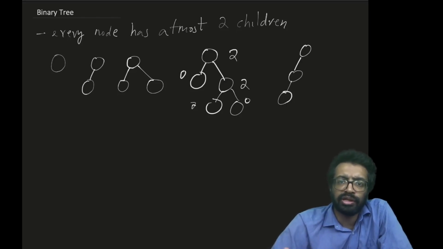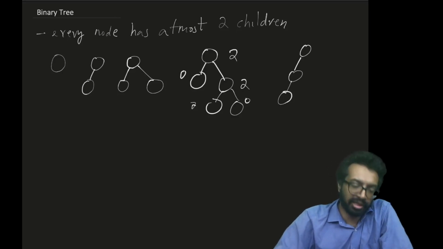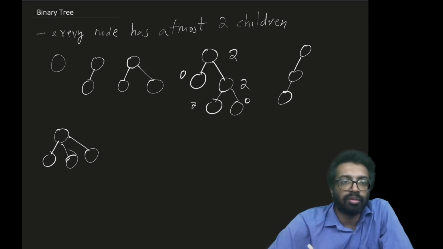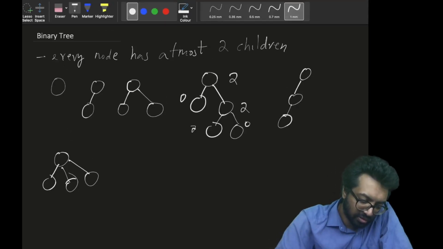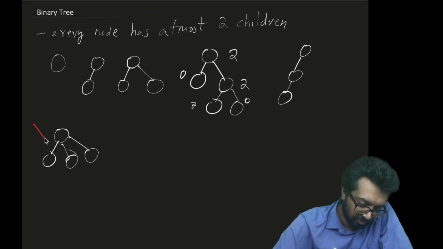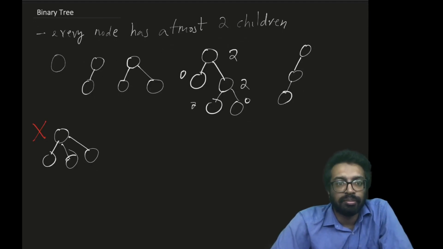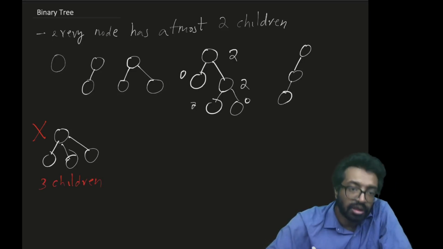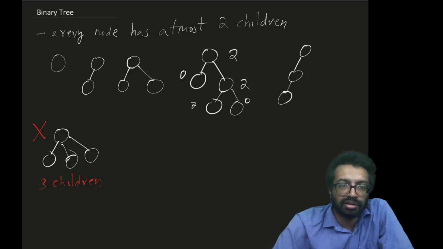Now let's look at a few examples of trees which are not binary trees. What about this? This is not a binary tree. Why? Because the root node has three children. That's the reason.